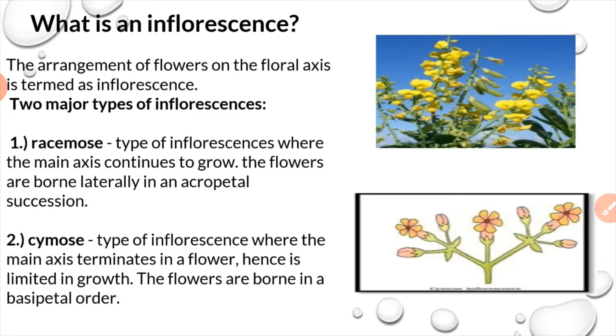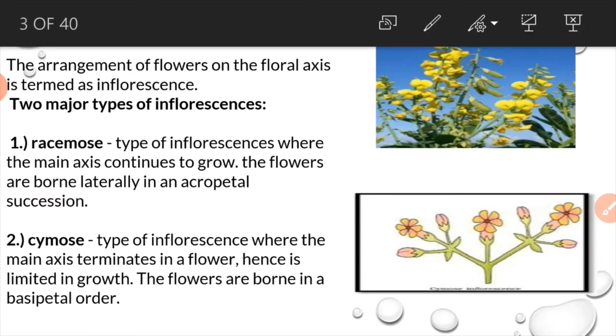Now the types of inflorescence. There are two major types of inflorescence according to the branchings. The type of inflorescence where the main axis continues to grow unlimited is known as racemose type of inflorescence. The flowers are borne laterally in an acropetal succession.